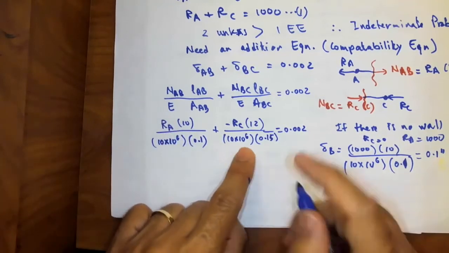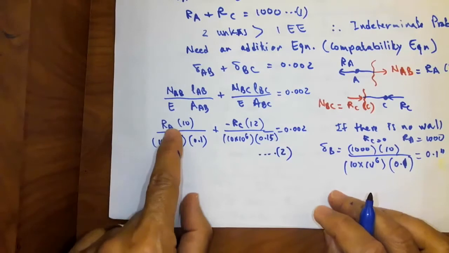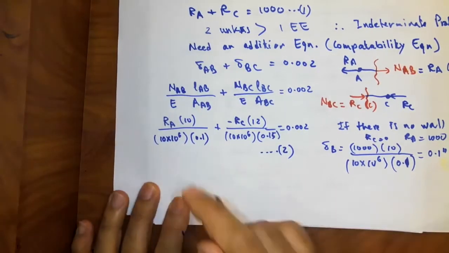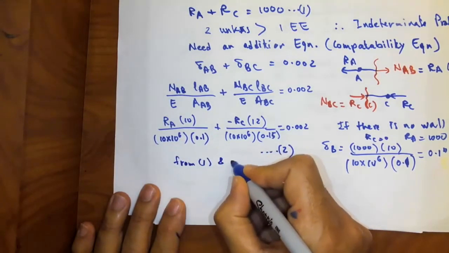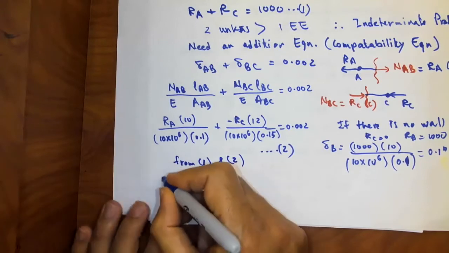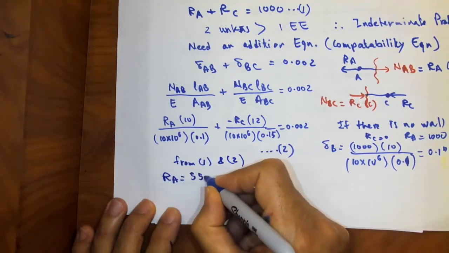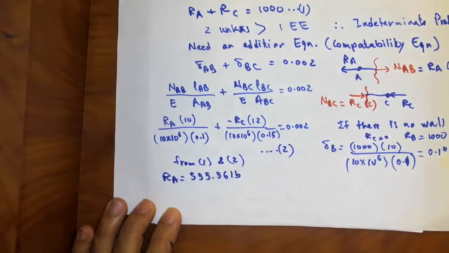Now I have a second equation in RA and RC, and I have a first equation in RA and RC. From 1 and 2, we can solve for RA, and we'll find that RA is equal to 555.56 pounds.